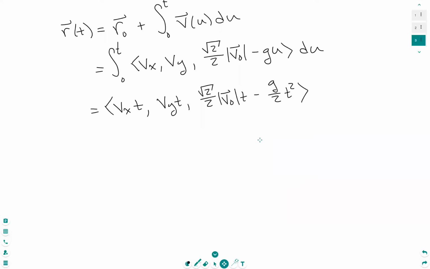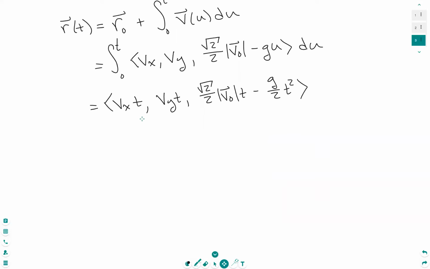Okay, so what we're going to try to do now is find the t value for when our projectile hits the ground, right? So we shoot it up at time equals 0. Let's try to find the t value when it hits the ground again.